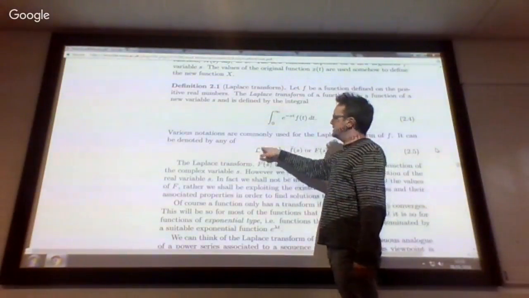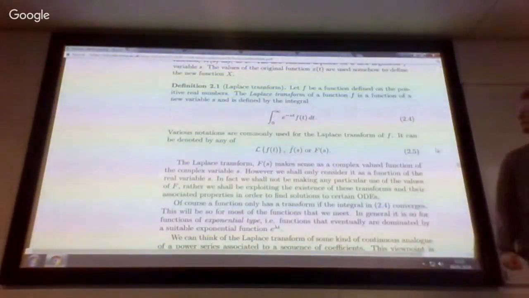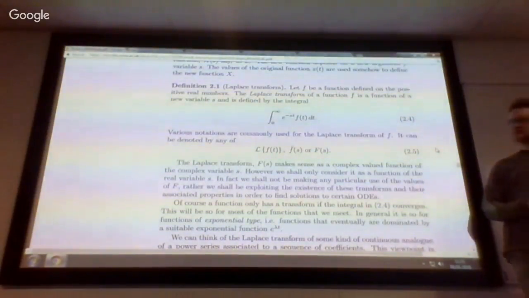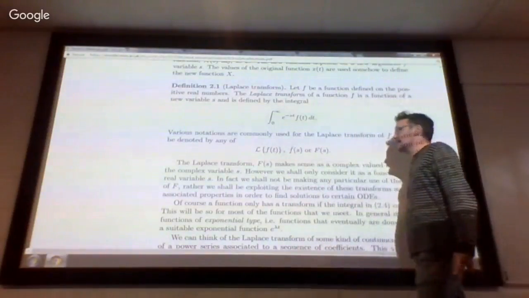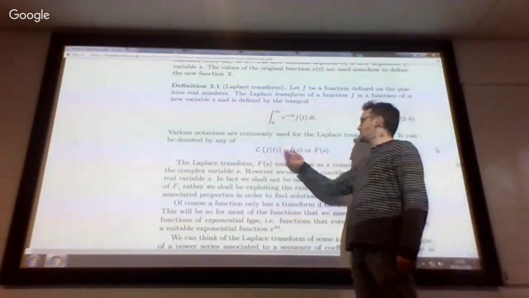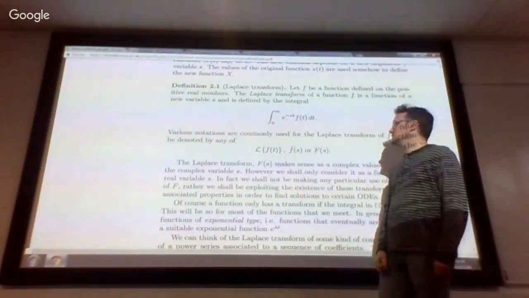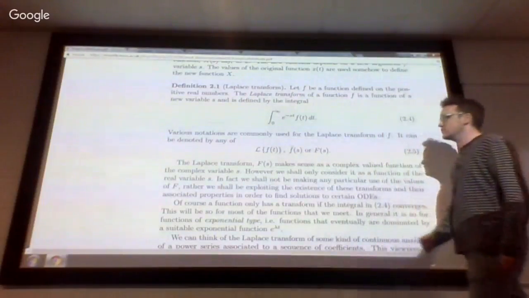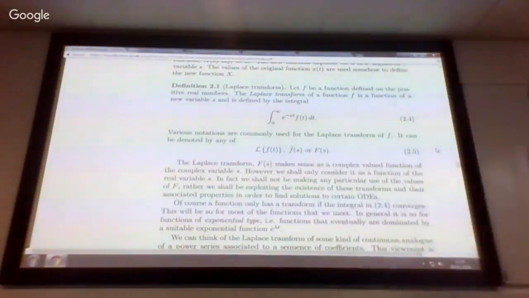There's a whole bunch of different notations that we can use for it, and I want to expose you to all the different notations that you might encounter. So for the Laplace transform of an original function, little f of t, typically you'll see it denoted by these notations. We can use a curly L of f of t in curly brackets.